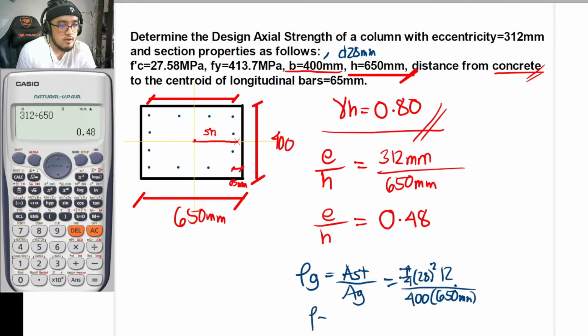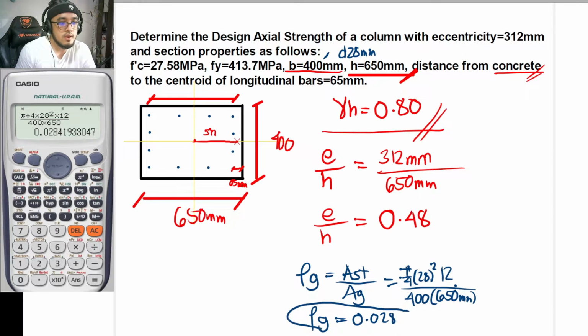Okay, so with that, our rho g is now to be equal to, so looking at the calculator, pi divided by 4 times 28 squared times 12 divided by 400 times 650, and our answer here is to be 0.028.